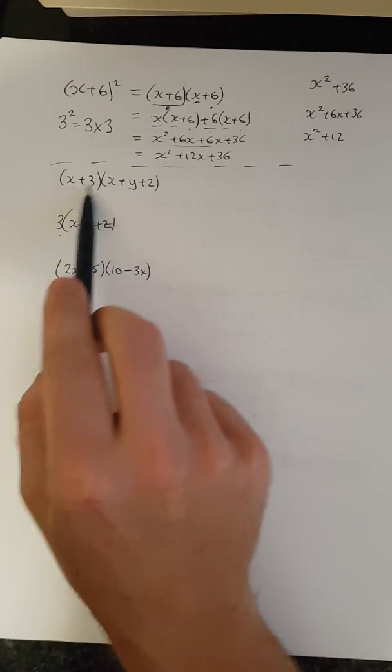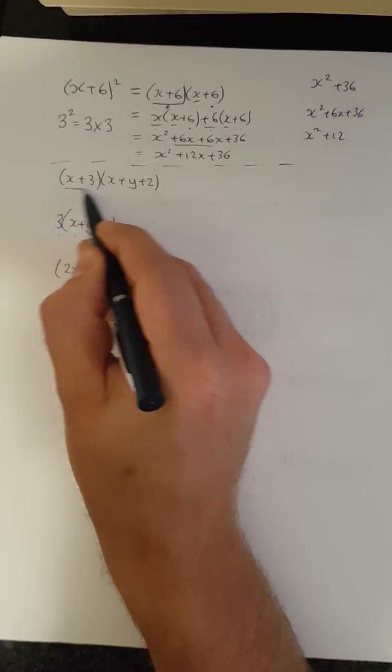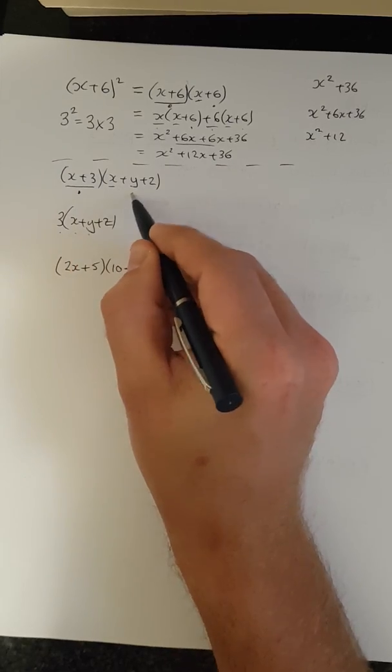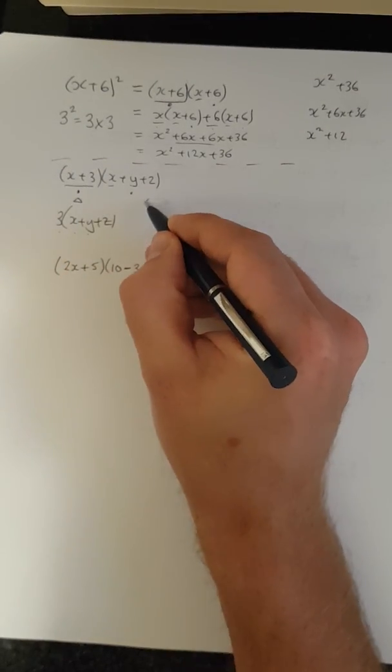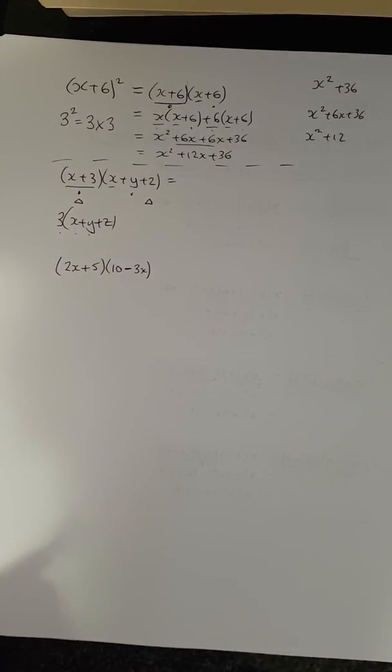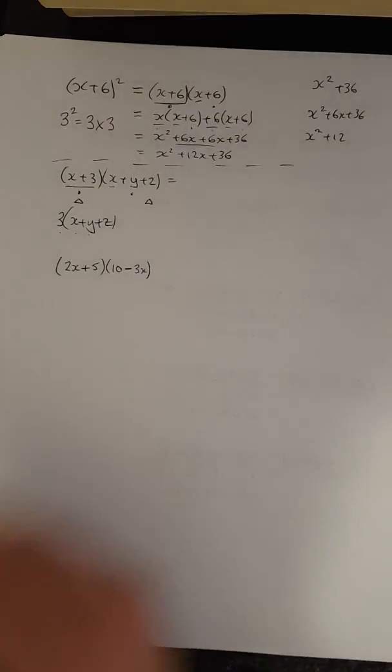Even here where we have a bracket outside, we're going to do a bracket times by a term, then a bracket times by a term, then a bracket times by a term. So our rule is consistent, and that's what maths is. It will follow the same strategy each time. You just have to make sure you're fully happy with what that strategy is.